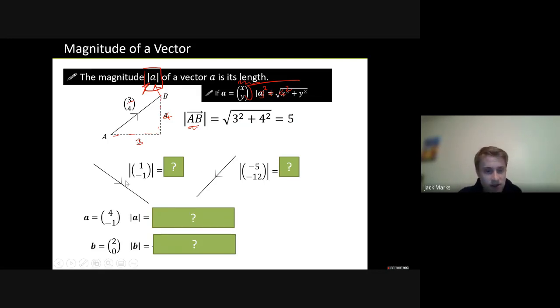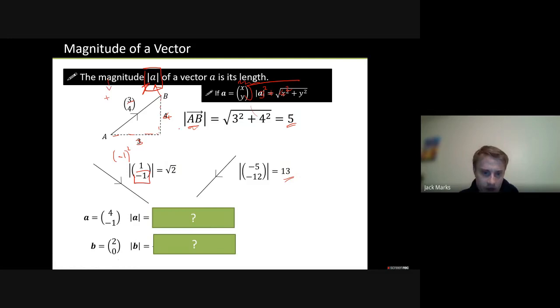The magnitude of this one here, notice we have a negative number, but the minus 1 will be squared. So we will always get a positive answer for a magnitude. This will always be positive. You won't normally get neat answers like these Pythagorean triples.